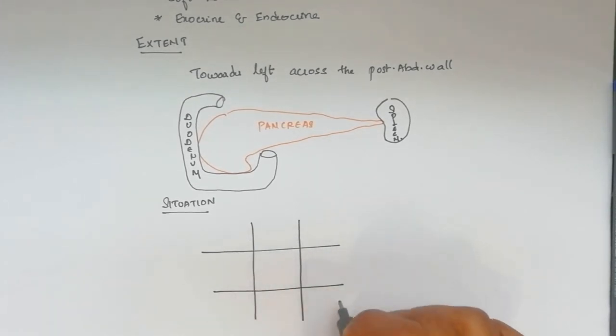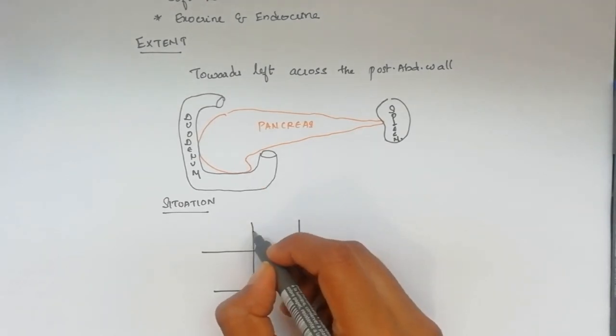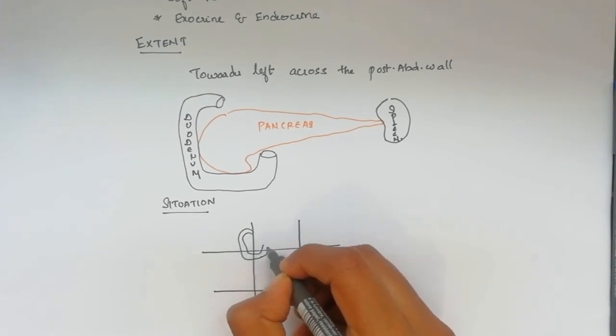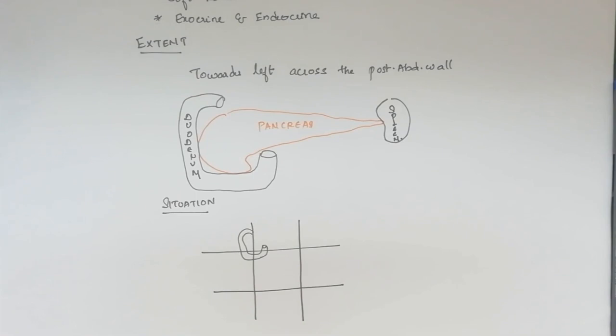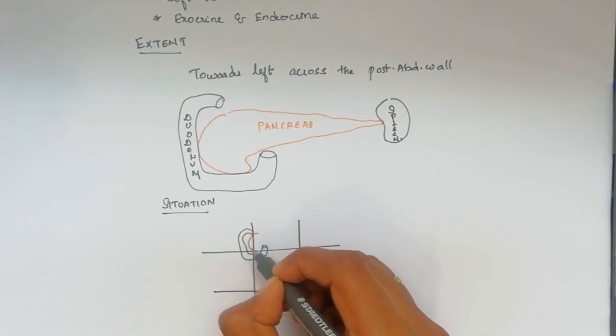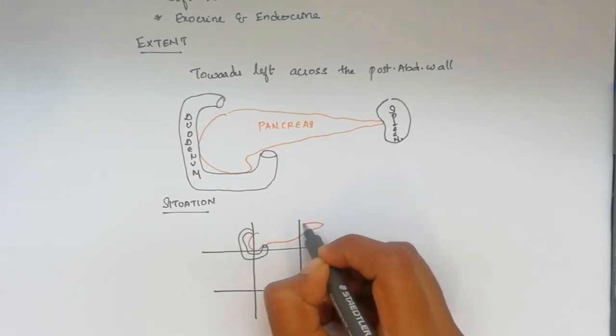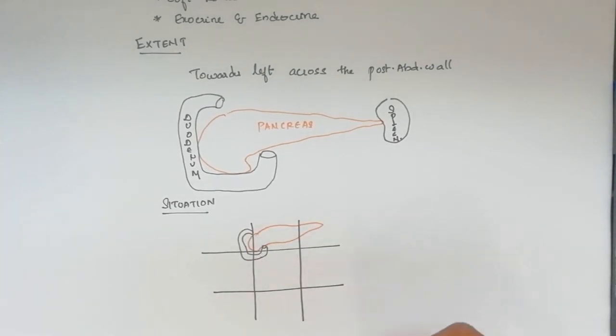Among these, the duodenum will be present somewhere over here, and then we have the spleen in this area. The pancreas is going to occupy the epigastrium region and the left hypochondriac region. I will tell the regions first.